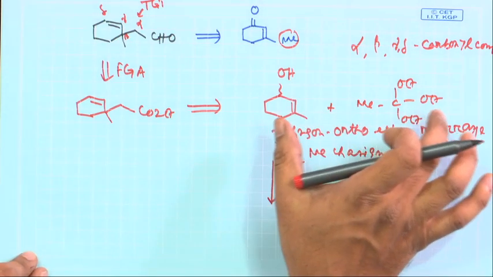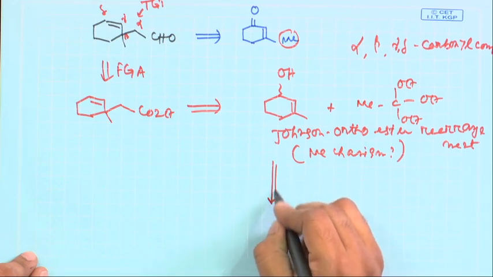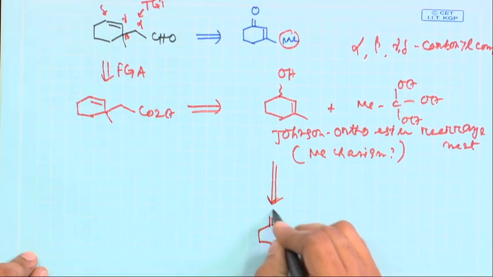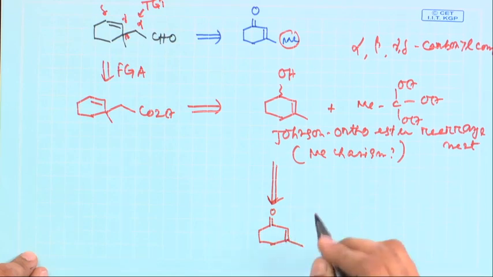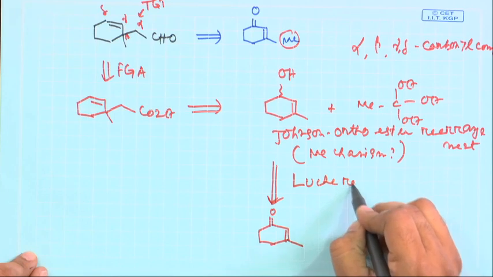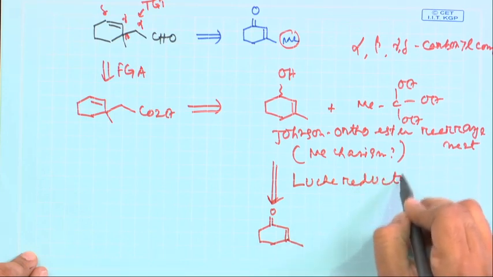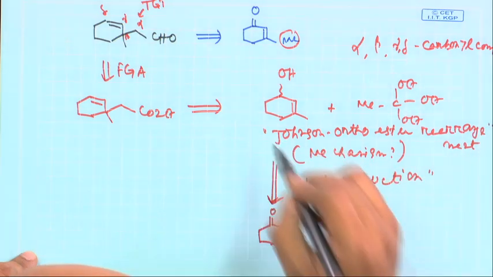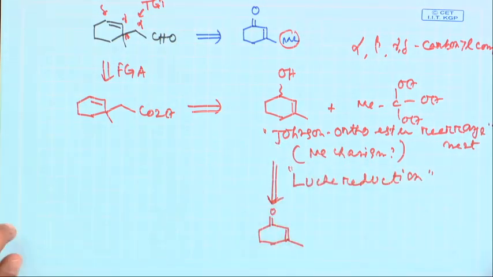This starting material can in turn be synthesized by a Luche reduction. It is again a transformation. Now, what is Luche reduction? What is Johnson orthoester Claisen rearrangement? Probably we can discuss all those things in the next week.